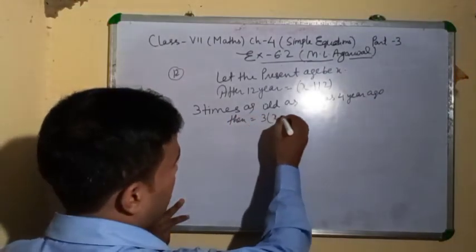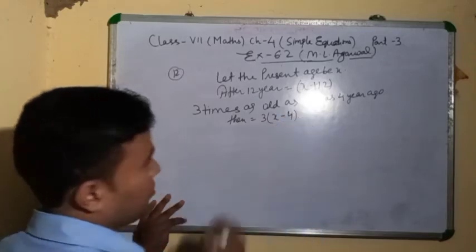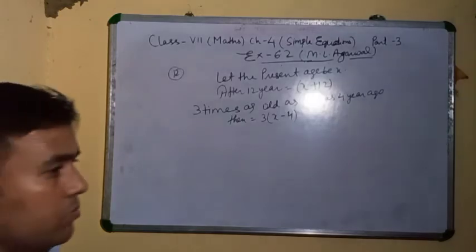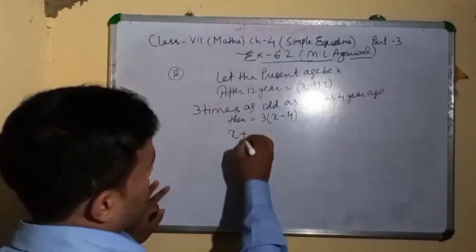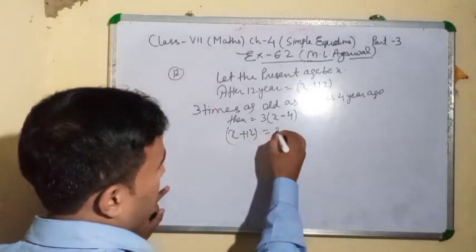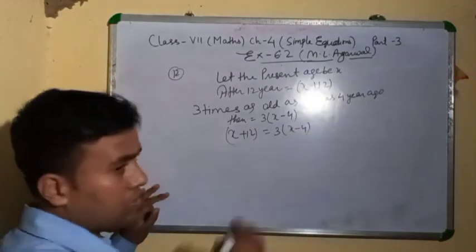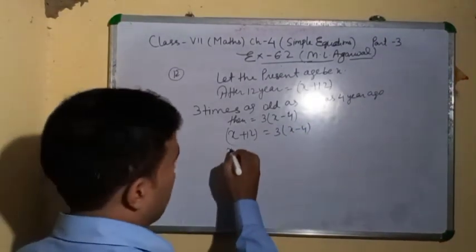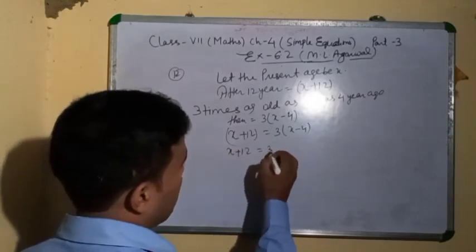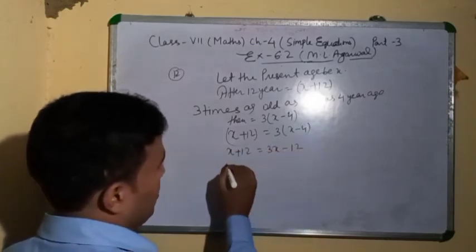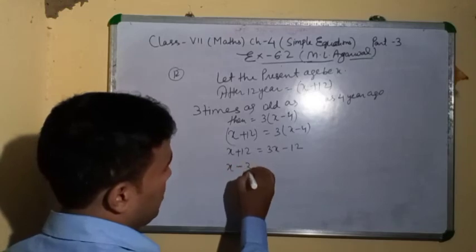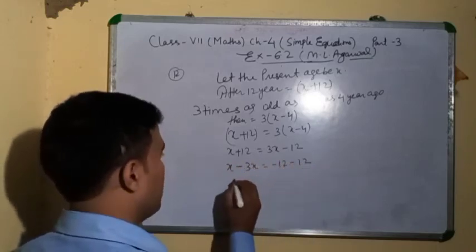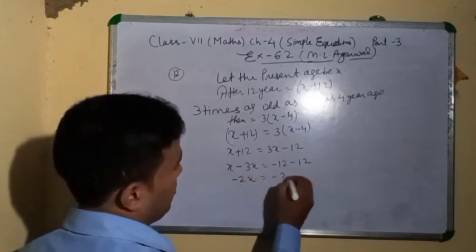equal to 3 times x minus 4. If telling about before, you will do minus. Means x plus 12 equal to 3 times x minus 4. Then solve it. x plus 12 equal to 3x minus 12. x minus 3x equal to minus 12 minus 12, minus 2x equal to minus 24.